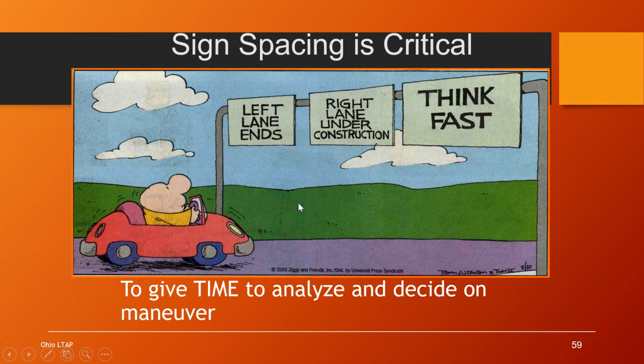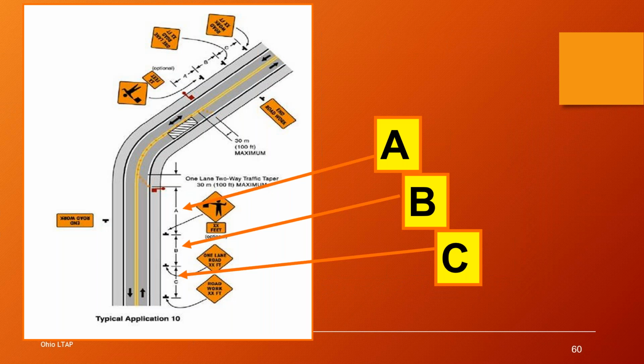We need to space the signs with a certain distance between each sign in order to give the motorists the proper time to analyze and decide on their maneuver. That's why every typical application not only tells us what signs to use, but also shows us the spacing recommended for each sign. So here in a flagging operation, you see the distances of A, B, and C listed between each sign.